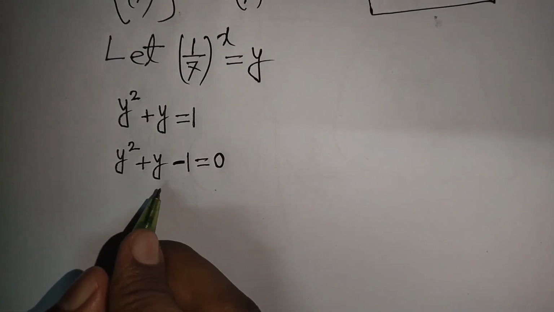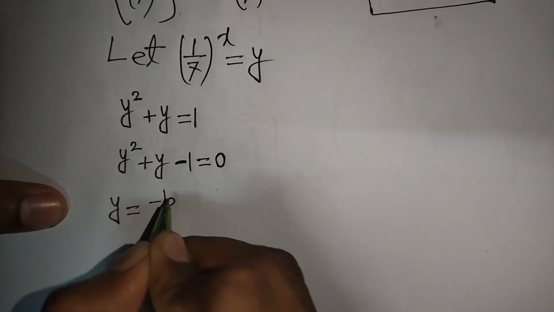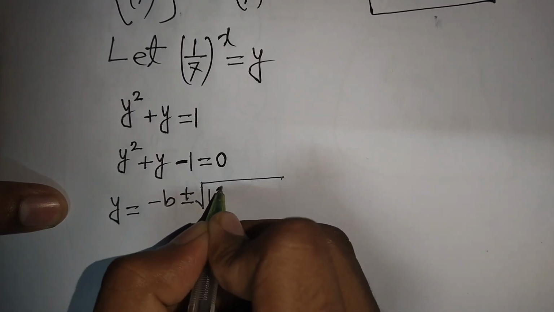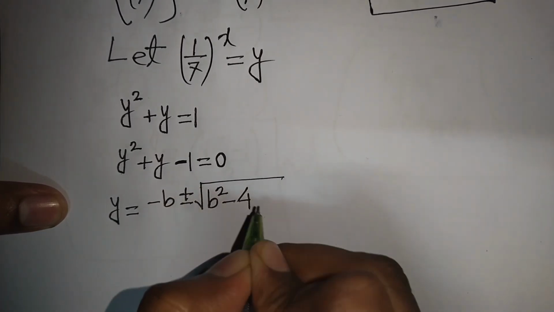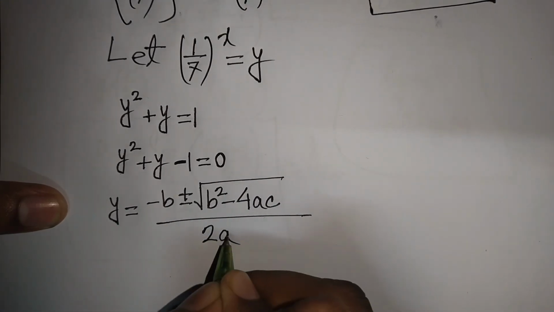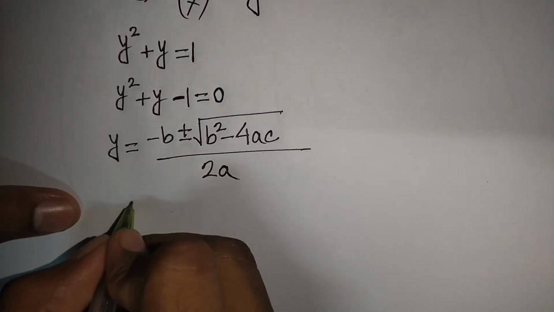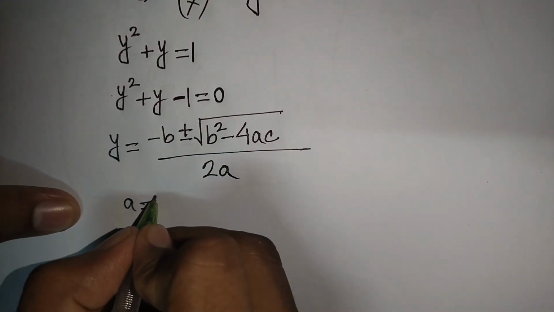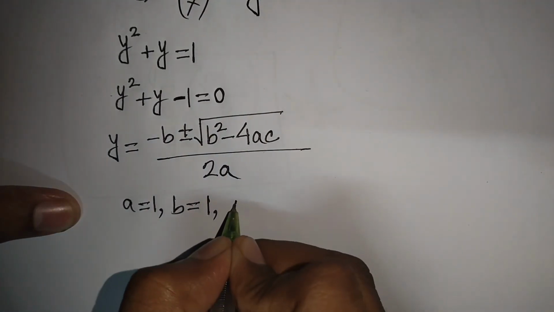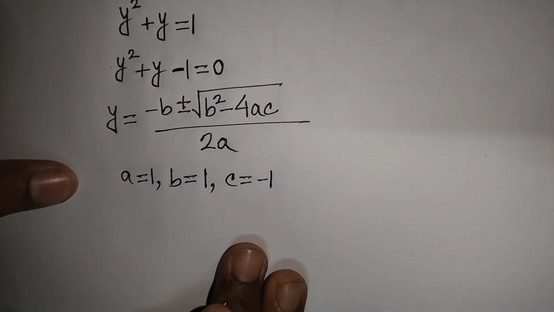Now here you can apply the quadratic formula, so you can write here y is equal to minus b plus or minus square root of b square minus 4ac divided by 2a. Here a will be equal to 1, b will be equal to 1, after that c will be equal to negative 1.